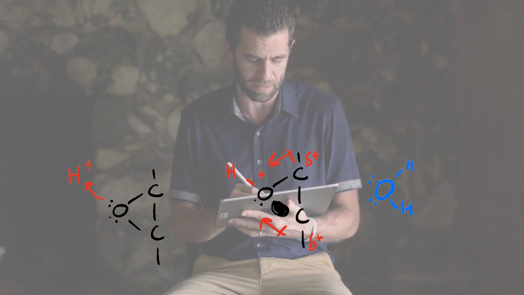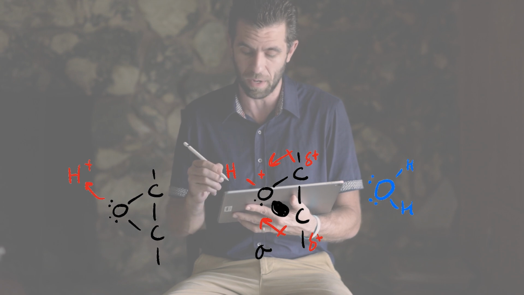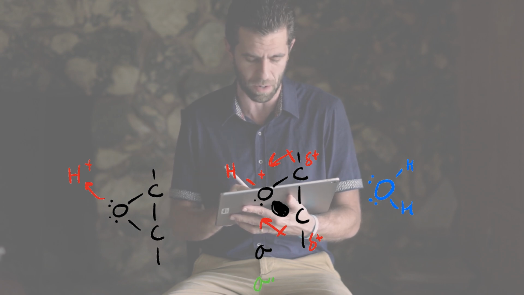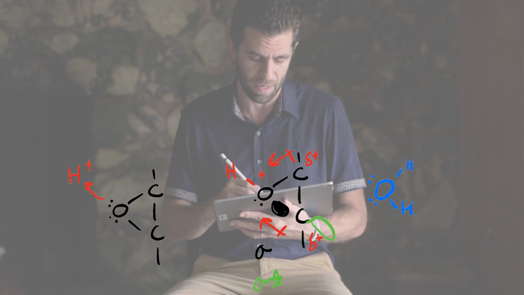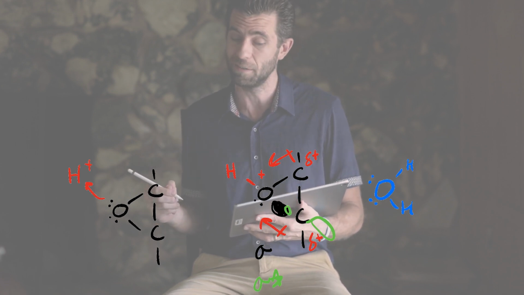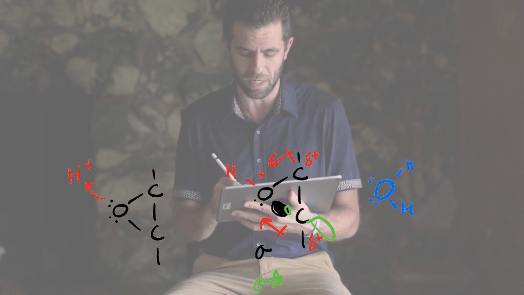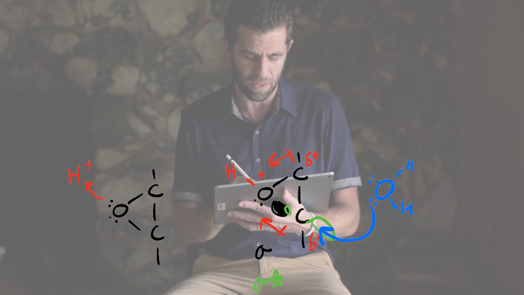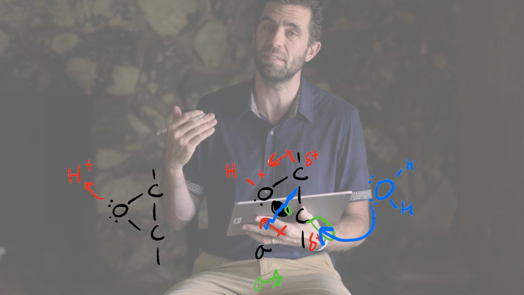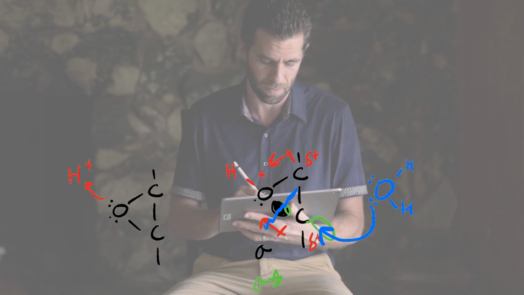This is a sigma bonding orbital. But we also have a sigma star or anti-bonding orbital that has a lot of empty space right here. And this water can use its electrons, donate them into the anti-bonding orbital, thereby breaking this sigma bonding orbital, right?